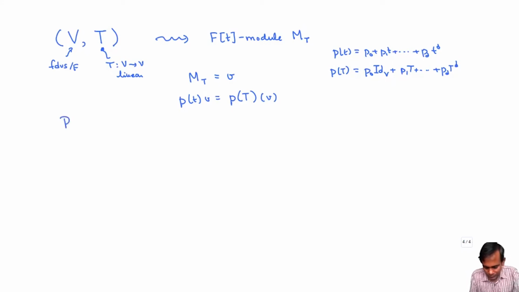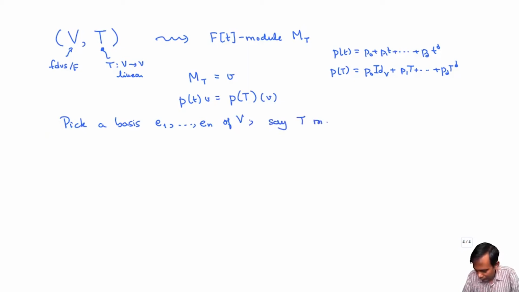Now if you pick a basis of V, let's call it e1 up to en, then with respect to that you can write down a matrix for T. Say T has matrix A with respect to this basis.